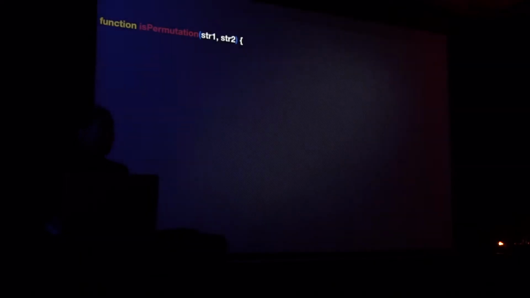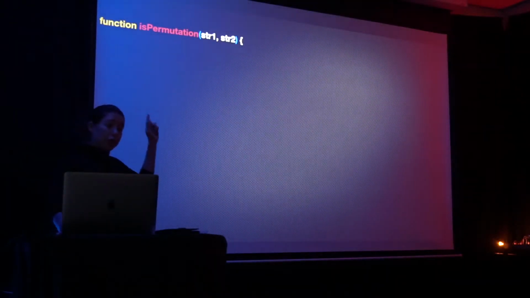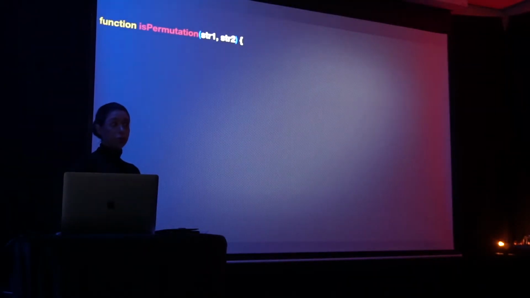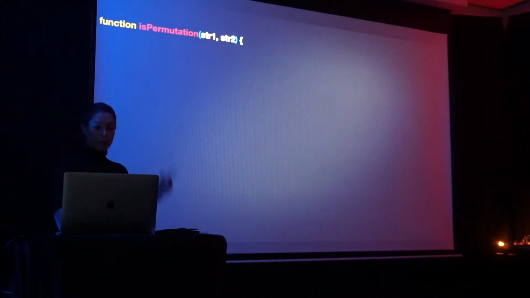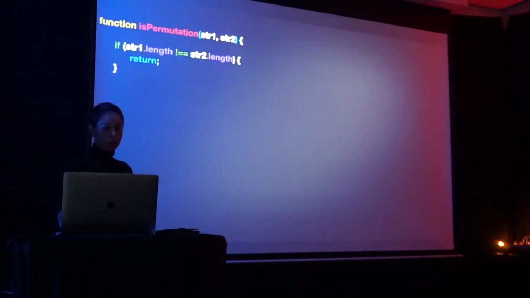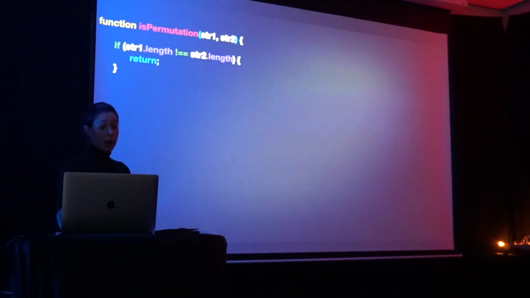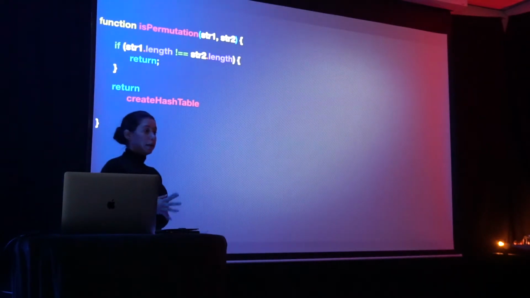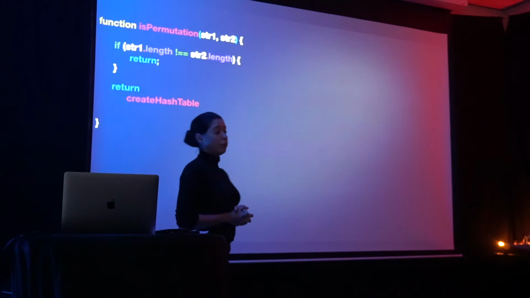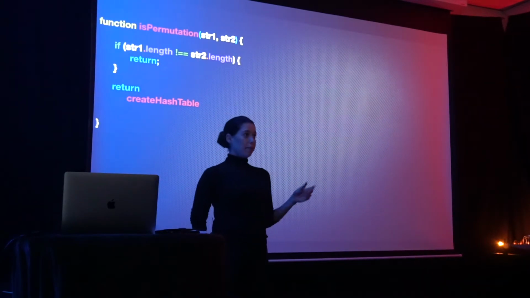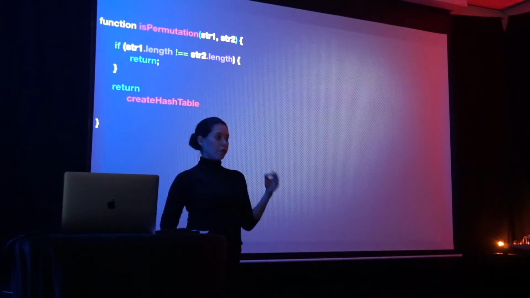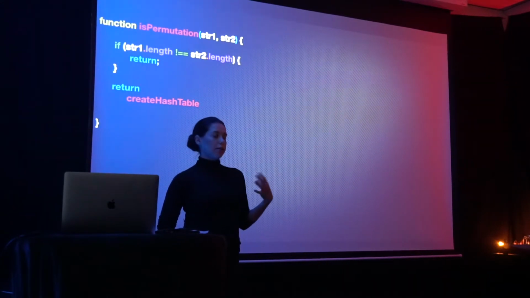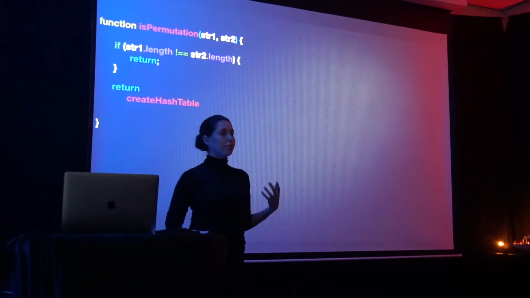And now, let's rewrite our function using hash tables. Here is again this permutation. We still need to check the length first. After that, we create our hash table. And you know what is the magic thing about hash tables in JavaScript? In programming languages like Java or C++, you can find the hash table as a data structure and use it directly.